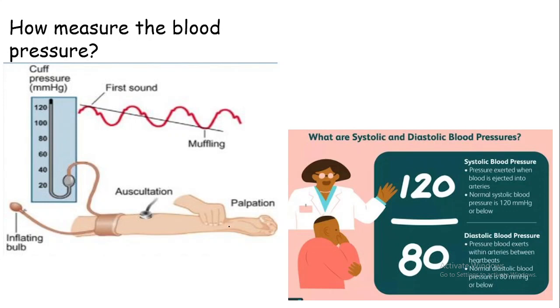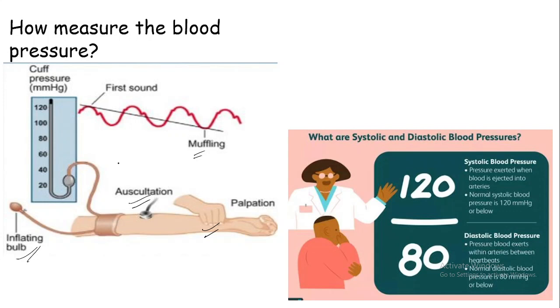Palpitation is checked near the wrist, the pulse rate. With the help of a stethoscope, the heartbeat and the blood flow are checked, which is called auscultation. The sounds are measured. An inflating bulb is there to increase the pressure, to see how much blood is flowing and at what pressure.